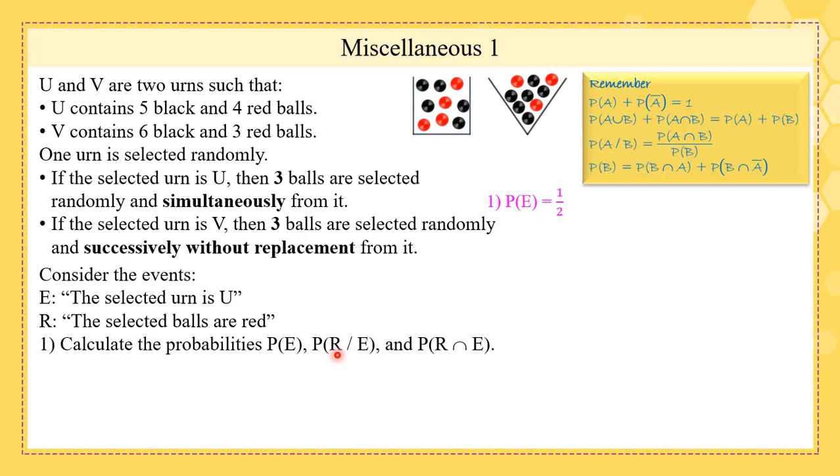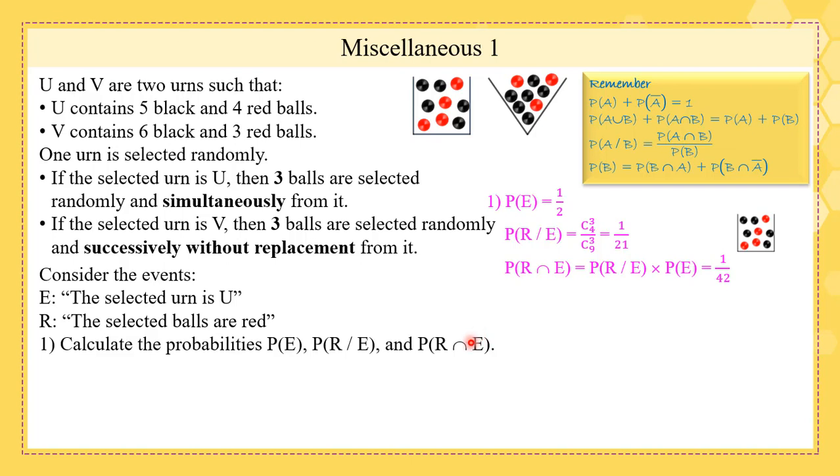In fact, this will tell us event R, the selected balls should be red. So this is U. Now we have U as the universe. We don't have U and V at the same time anymore. And the probability of R given E is the probability of selecting 3 red balls from U simultaneously, which is C(4,3) over C(9,3), which is 1/21.